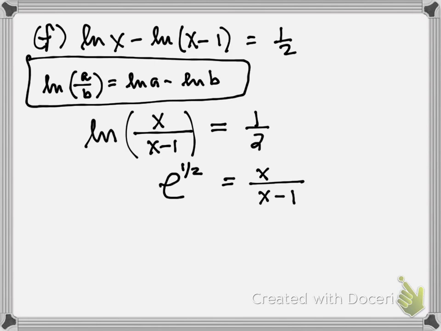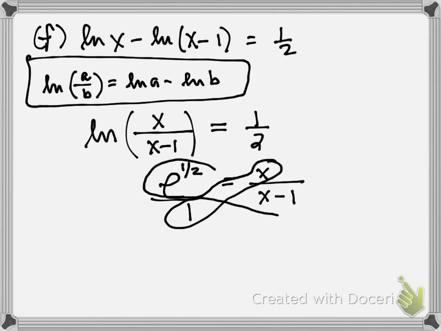Now I need to have just one x, right? So I put over 1 here and cross multiply. Actually, you can also do this by multiplying both sides by x minus 1.